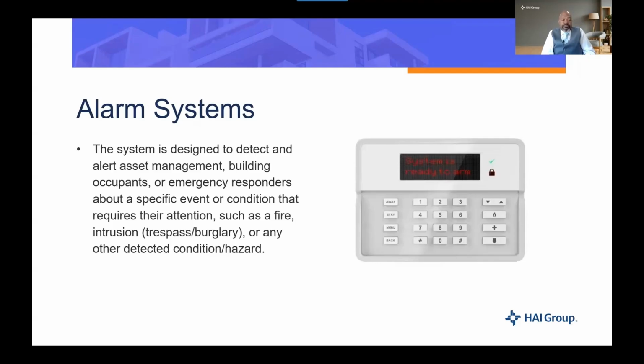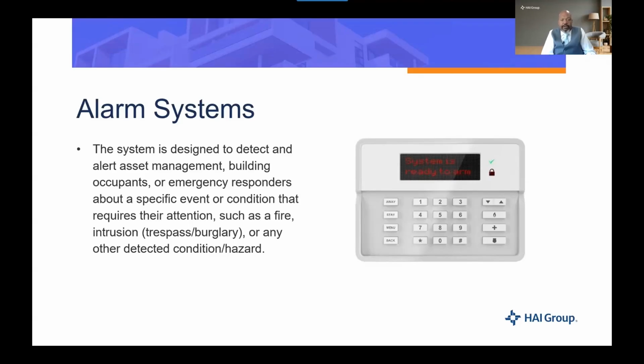Alarm systems. When we look at alarm systems, we are thinking that there are all kinds of alarms out there. The system is usually designed to detect and alert asset management, building occupants, and emergency responders about a specific event and/or condition that may require their attention.